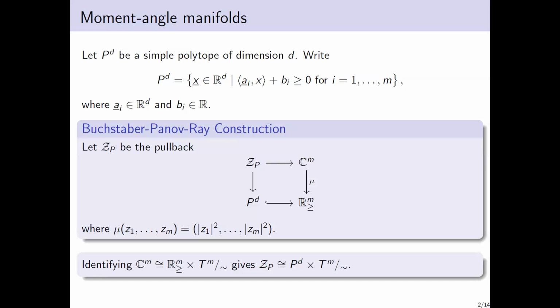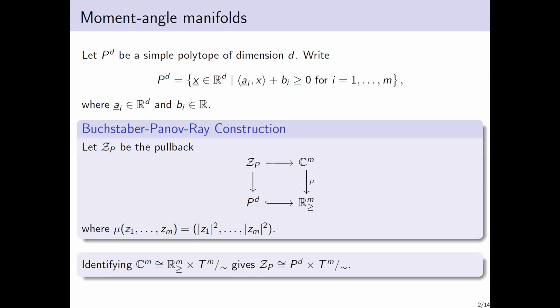In this way, by definition, P^D is a subspace in R^m. This embedding is given by sending x to the point such that the ith coordinate is given by the number appearing in the ith inequality.